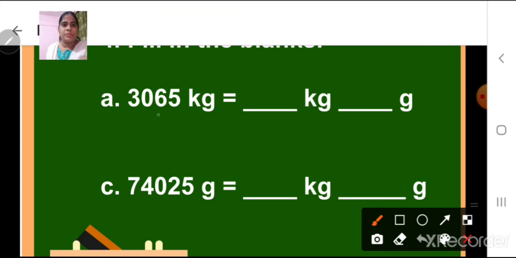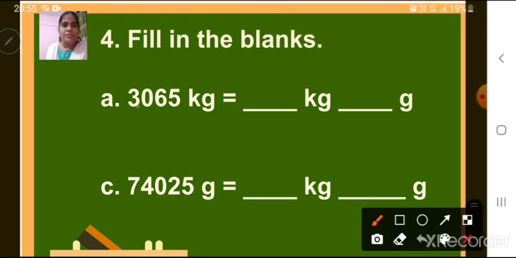Let us see. In our question we have 3065 kilogram, correct? Now when we have to convert into kg and gram, the last 3 digits are in grams, and after that it will be in kg.